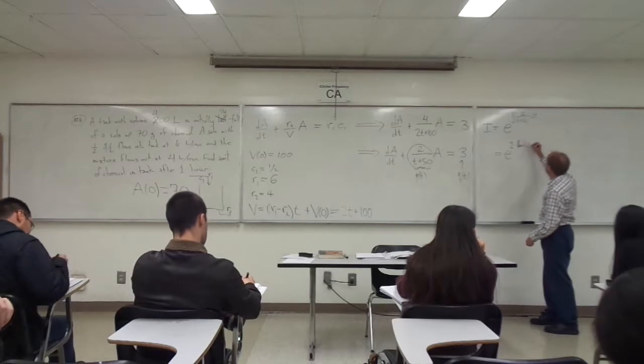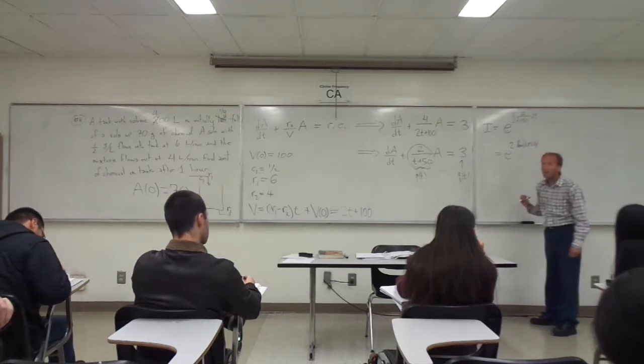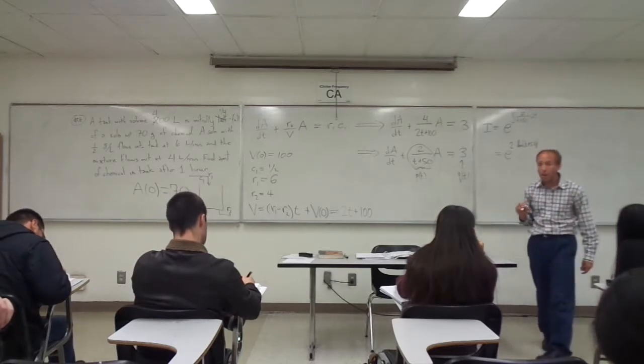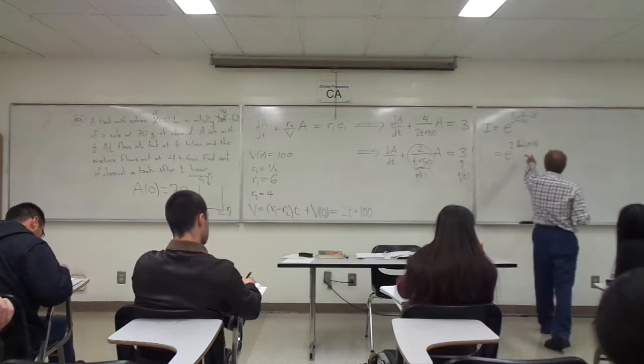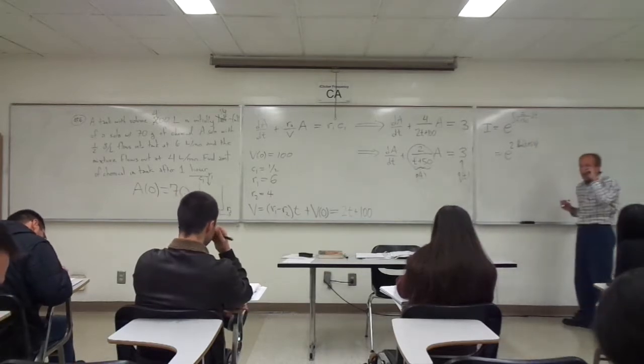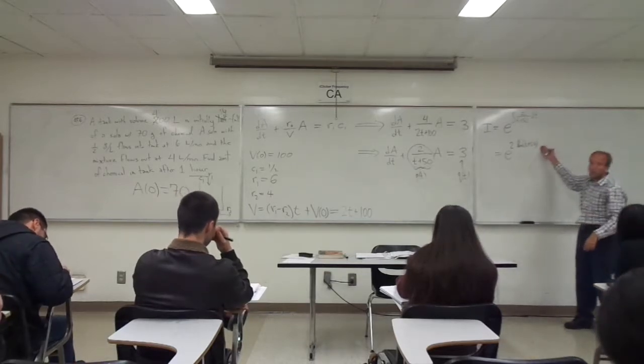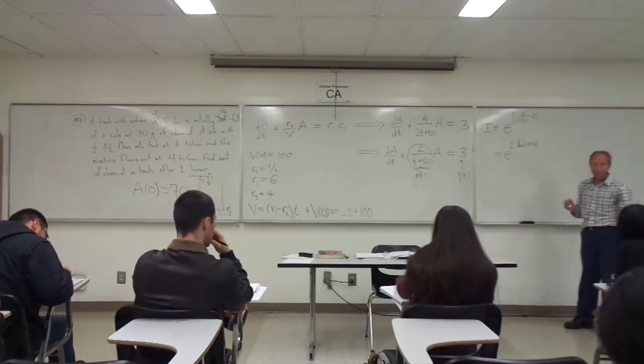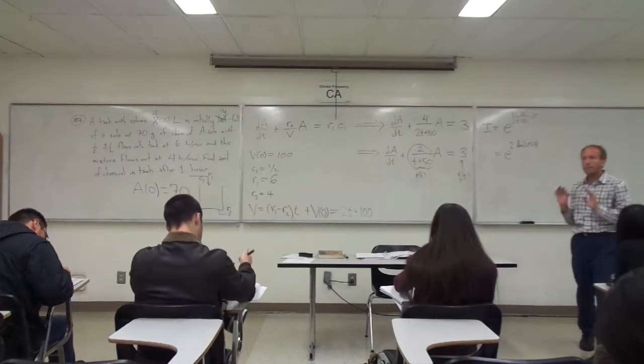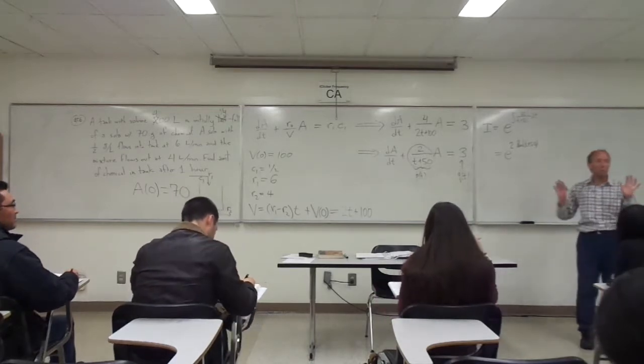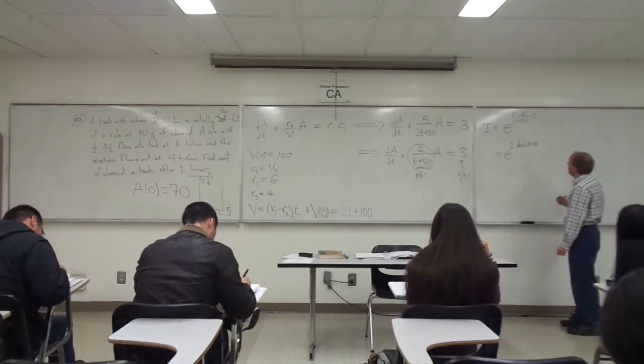Good. ln of t plus 50, and I'm not going to bother with absolute value bars here because t is going to be a positive time anyway. So this is a positive amount. And normally I have to put plus c on the end of this. Do I do that here? Not necessary, right? It wouldn't be wrong to do it, but you could choose the c to be 0 so that you don't have to worry about it.